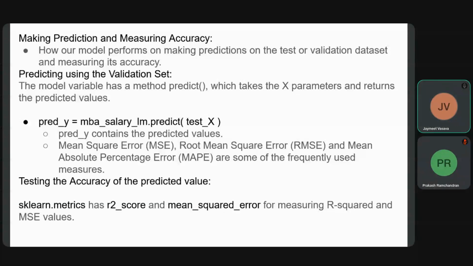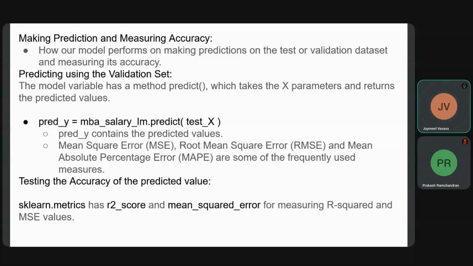pred_y contains the values that we get from the model, and the mean square error, root mean square error, and mean absolute percentage error are some of the frequently used measures to assess accuracy. So we are testing the accuracy of the predicted values that the model gives us for the predictions made on the test X set.